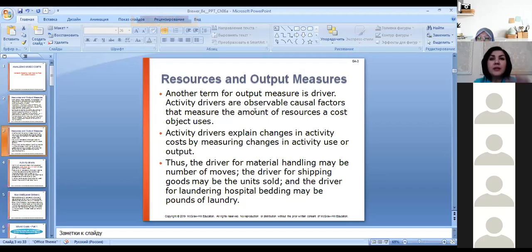A cost driver is any factor which causes costs, which makes the cost emerge, exist. What do you think for the ordering department? So what is an activity driver? Nabila, Alfan?